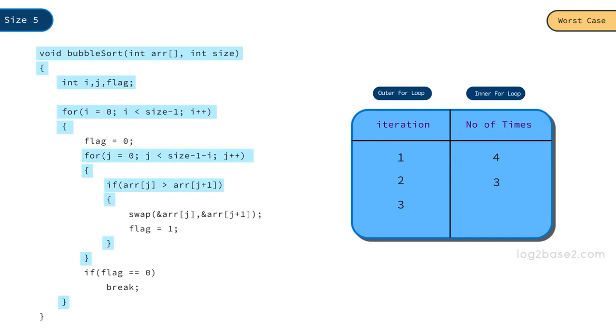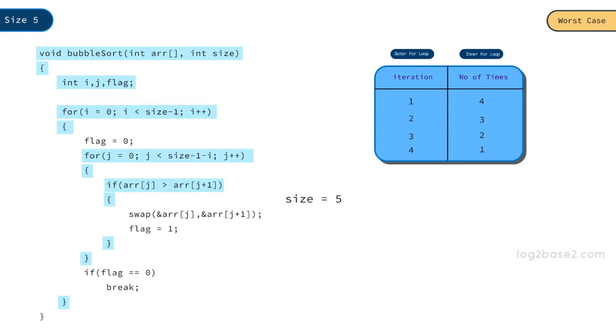So in the third iteration of outer for loop, the inner loop statement executed 2 times. Next, when i equal to 3, the inner loop will be executed only 1 time, that is for j equal to 0. So in the fourth iteration, we had the inner loop statement executed for 1 time. Next, when i equal to 4, this condition will fail and the outer for loop will stop its execution.